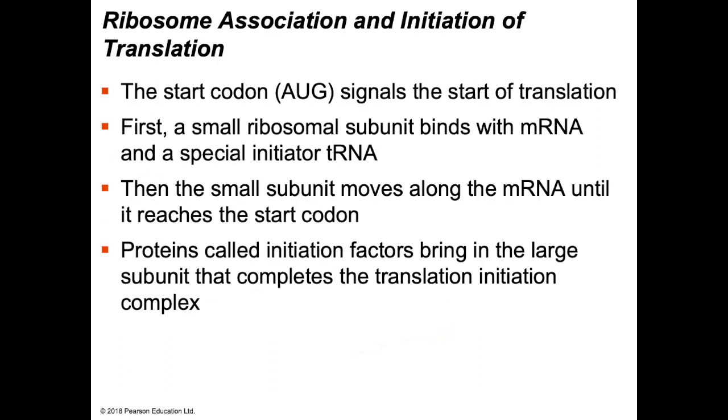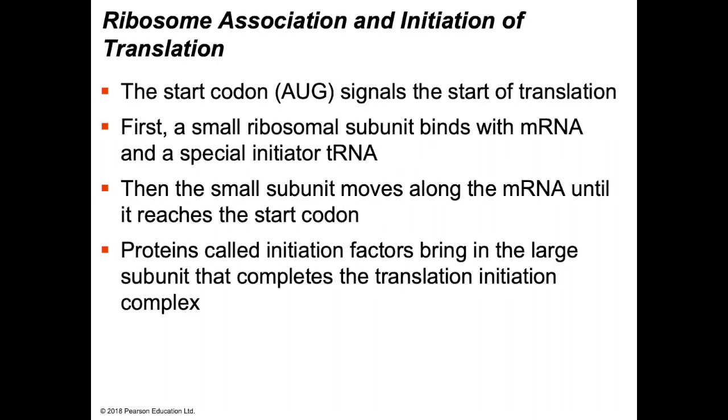So in the initiation of translation, the start codon, which is AUG, as I have said earlier, signals the start of translation. First, a small ribosomal subunit binds with mRNA and a special initiator tRNA, and then the small subunit moves along the mRNA until it reaches the start codon. Proteins called initiation factors bring in the large subunit that completes the translation initiation complex.